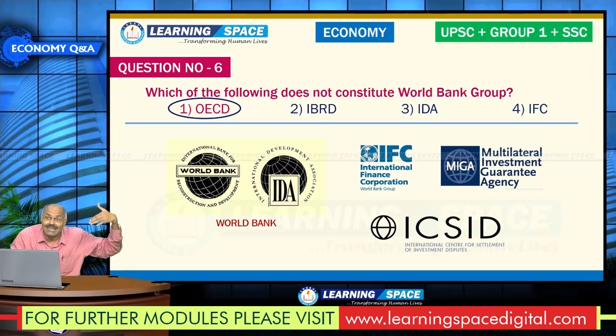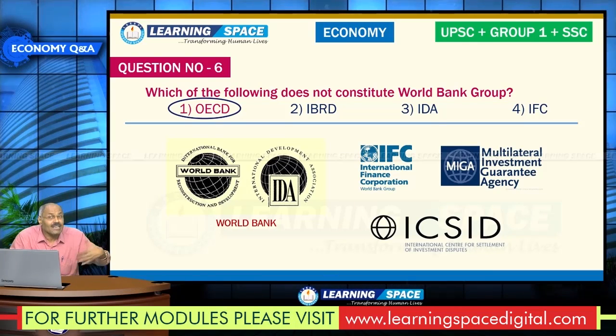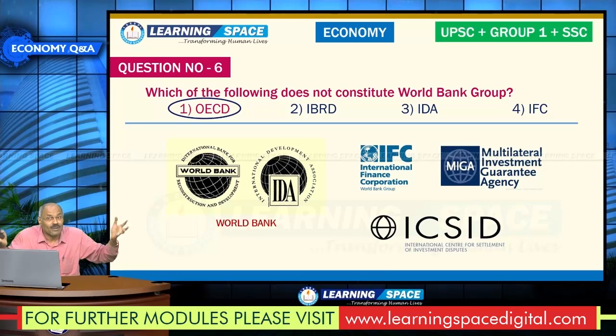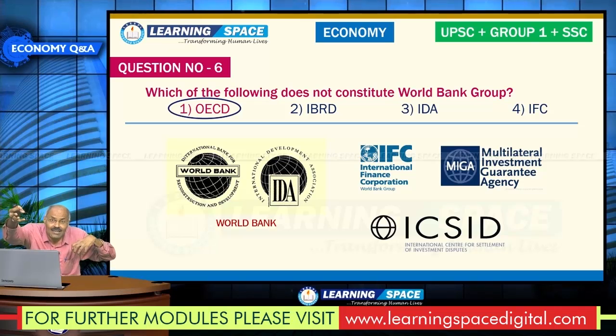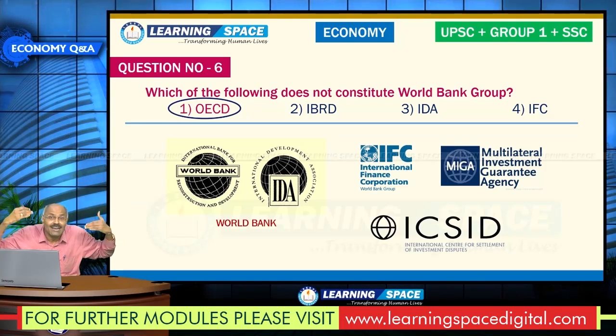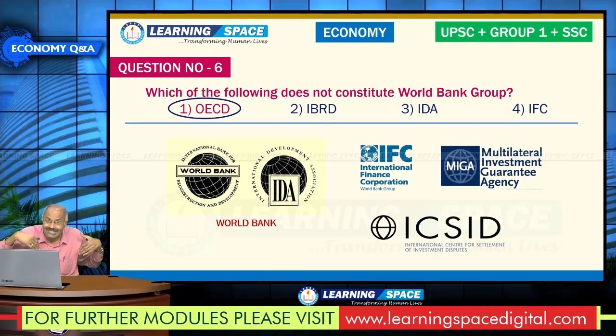Then, Multilateral Investment Guarantee Agency. Now, several countries are investing in other countries. All of you are familiar with foreign direct investment. If one country is investing in another country, that is an example of foreign direct investment. There are several political risks and non-commercial risks associated with investments.